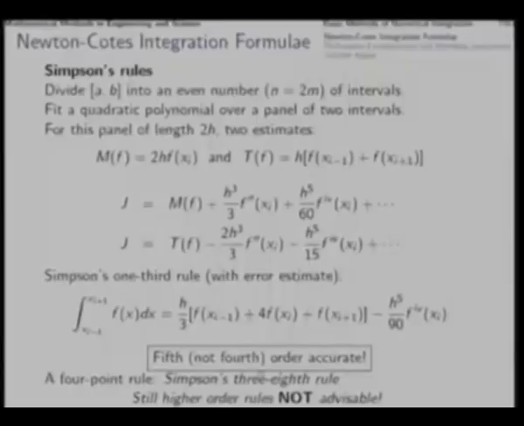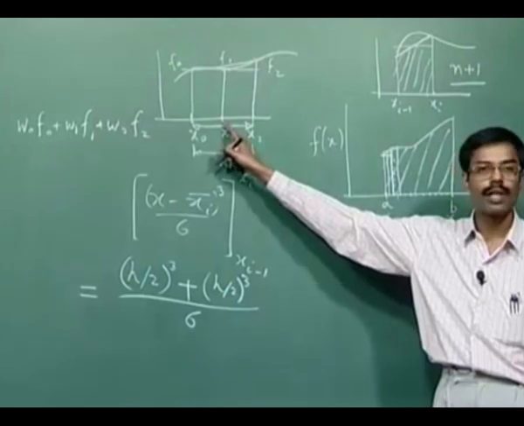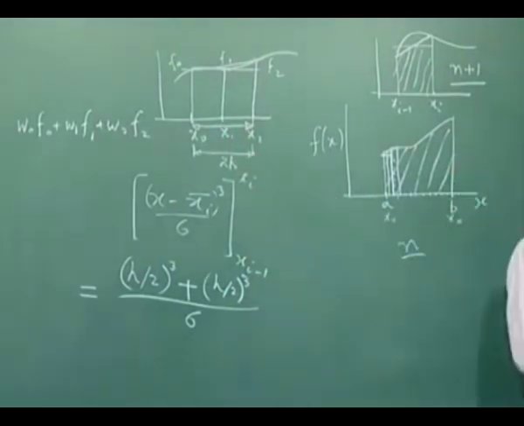But beyond this, and in the case of Simpson's 3/8 rule also, you will find that the error will be only fourth order, just like Simpson's 1/3 rule, because it does not have the use of the midpoint. That does not have the advantage of the midpoint. Still higher order rules are not very advisable, because they tend to give highly oscillating polynomials which are not true representations of the function.